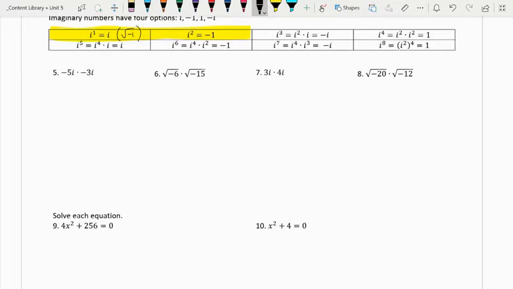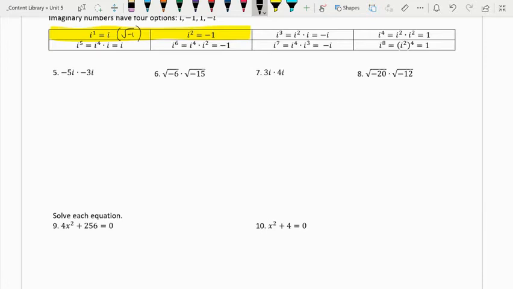But if you get I squared, it would be a -1. If you think about it, if you square the square root of -1, you'd get -1 because it would cancel, right? So those are the main two to focus on. After that, you can just put them in combinations of I squared and I, which give you one of those answers. So it's either going to be I, -1, negative I, or 1.